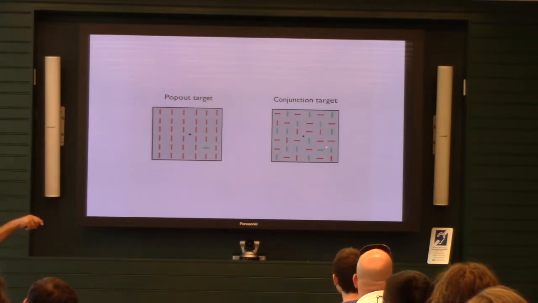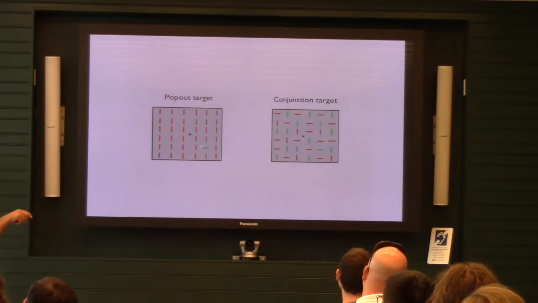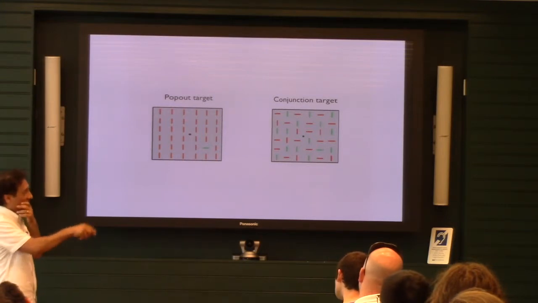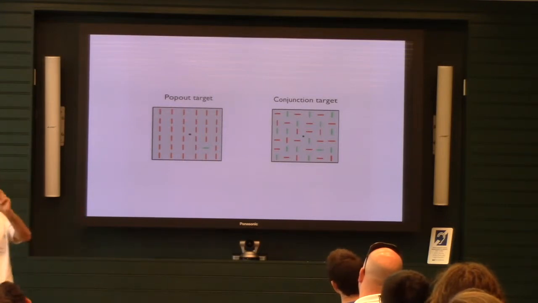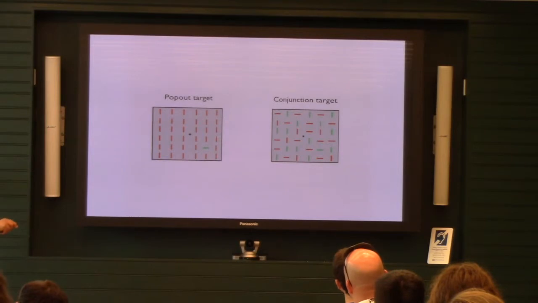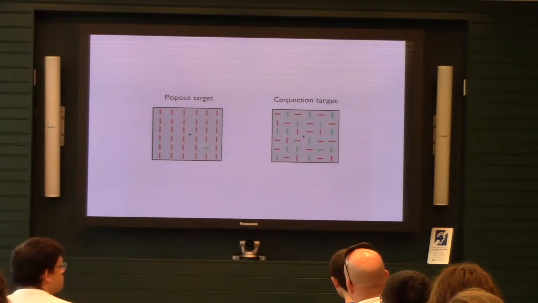There is the same green oriented bar here, but this is what's called a conjunction target, which means that to find it you need to know that it's different in both color and orientation from the rest. This is a special bar, but it's not salient. It's the same target, but the surrounds are different. So if you really want to know where the signal about saliency is, you need to compare the response to these two stimuli.